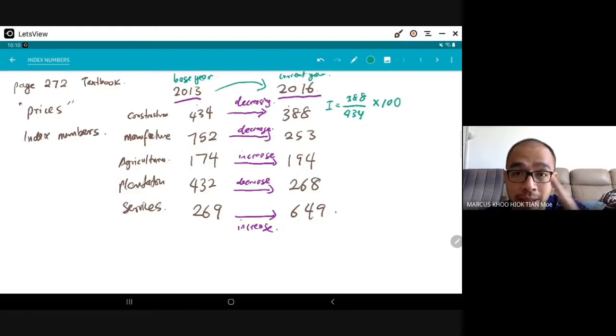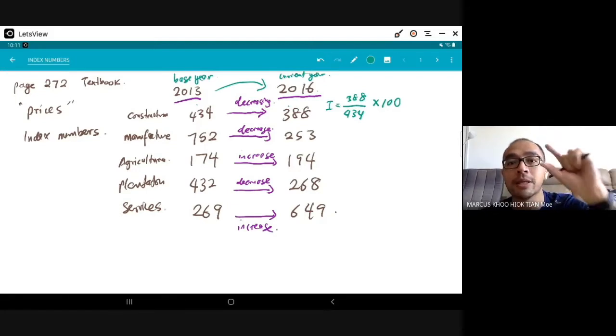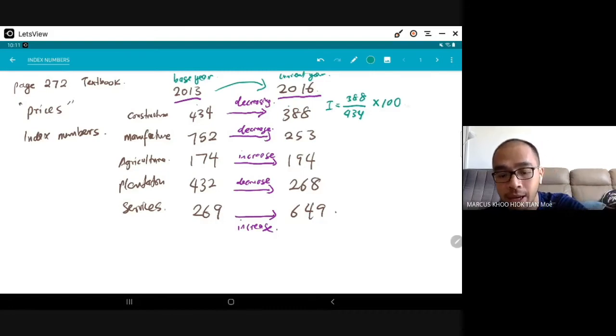It doesn't matter whether the number on top is less than the number at the bottom. Sometimes the number on top can be bigger. It's totally fine, so don't change anything. Make sure that the current year is always on top. The base year's number is always at the bottom. Then you times it by 100 and you will get 89.4.